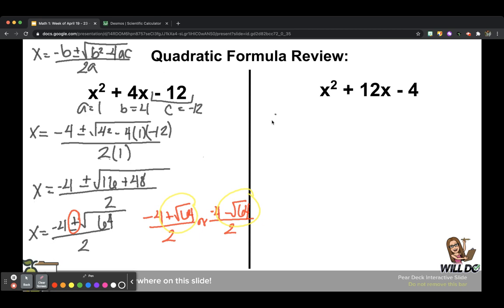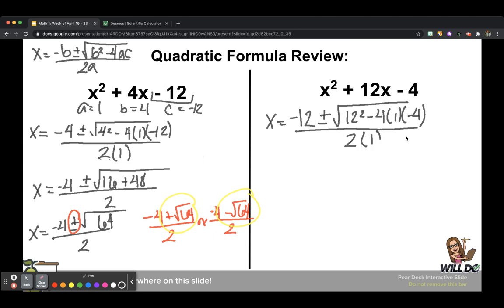So we have x is equal to negative b plus or minus radical b squared minus 4 times a times c all over 2 times 1.